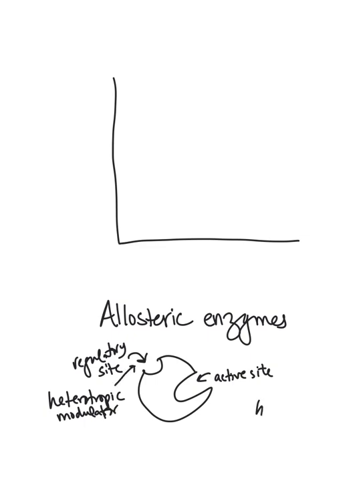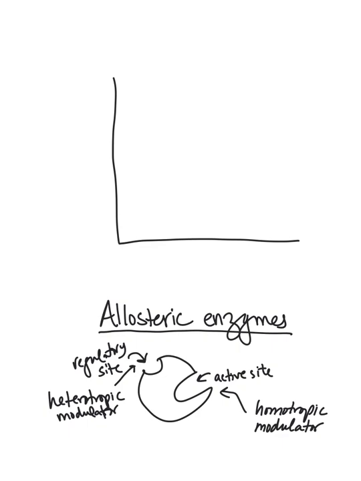You could also, there are some cases where the regulator is going to bind the active site. The substrate is a regulator. And then you're talking about homotropic modulation. But either way, you have the change in activity for an enzyme being regulated by a ligand.